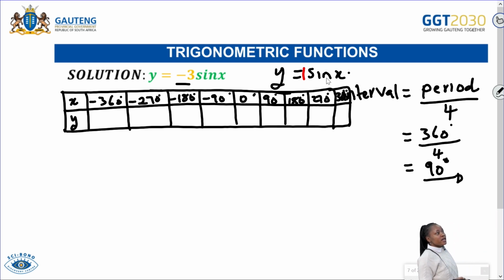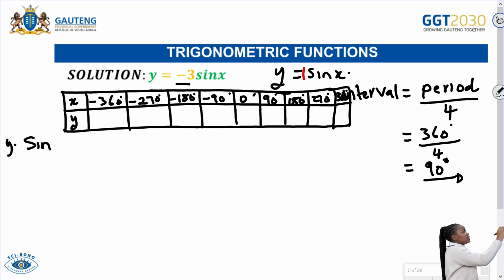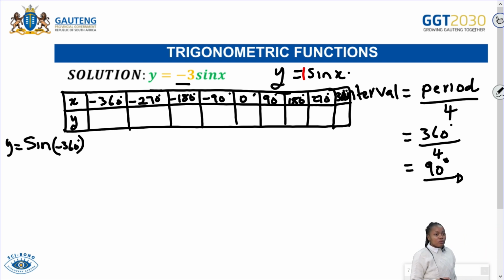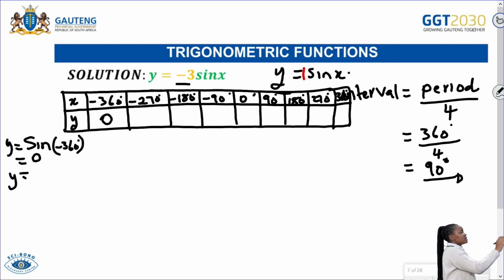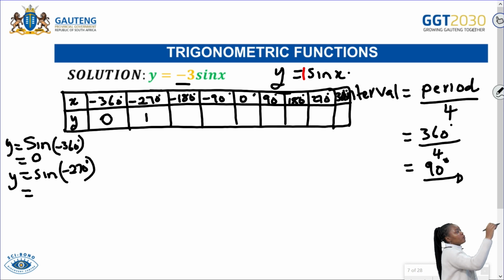Okay, so you take your calculator, you say y is equal to sine x, where there is x, you substitute negative 360 degrees, and you'll get your value of y, which is going to be 0. And then again, you'll say y is equal to sine, where there is x, you'll substitute negative 270 degrees, then you will get your value of 1, right?